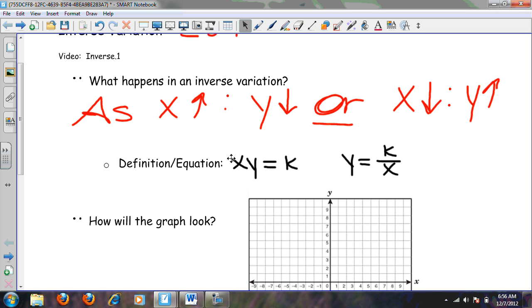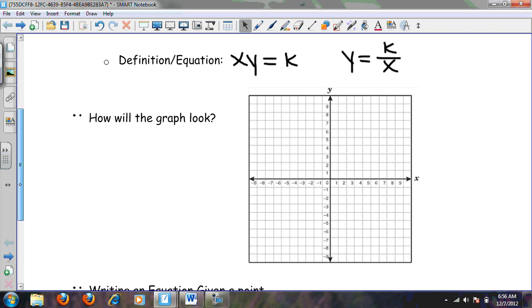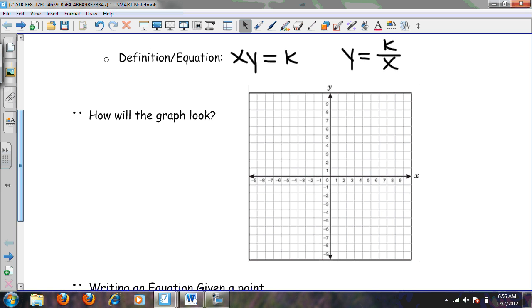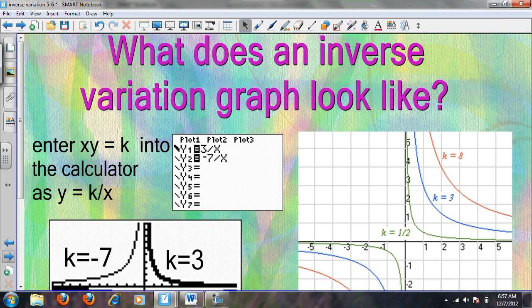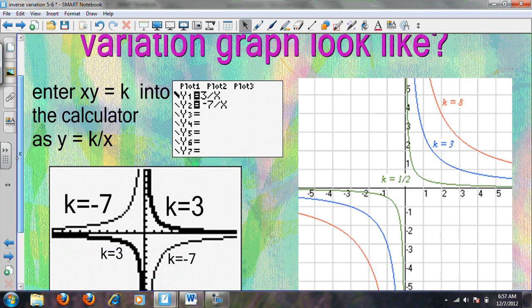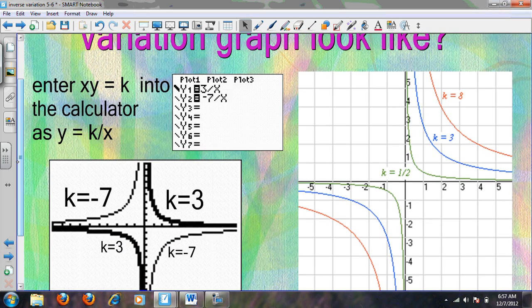So, what are these graphs going to look like? We know that direct variation graphs are linear and they go through the origin of the graph. Here is what inverse variation graphs will look like. You may copy these on the grid that I have given you. We will be doing some graphing on the graphing calculator, but you're entering xy equals k into the calculator as y equals k over x.